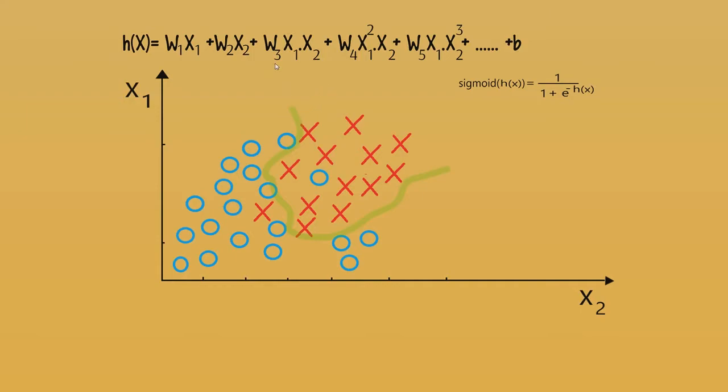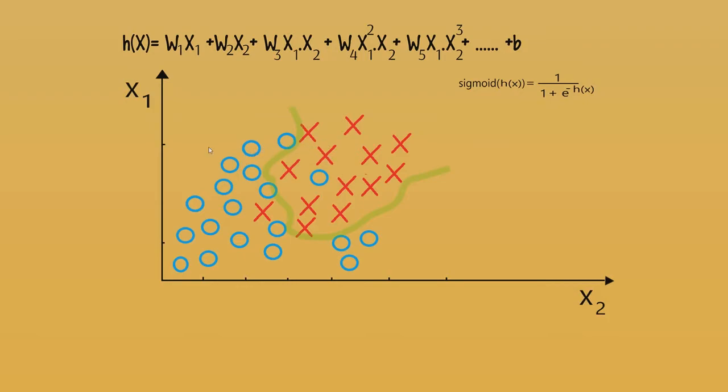The hypothesis function is going to give us a decision boundary, which is this green curvy line, to separate the positive and the negative, to separate two classes.